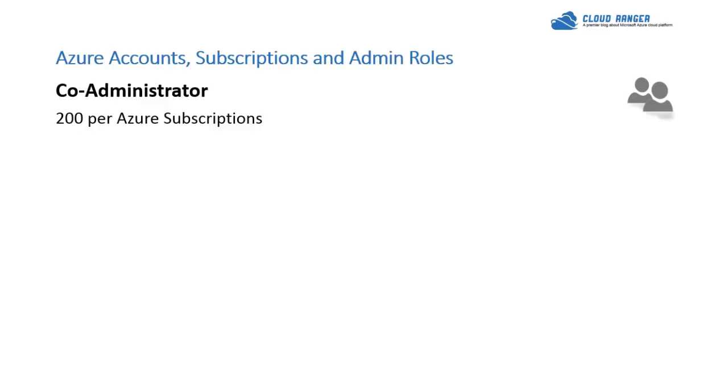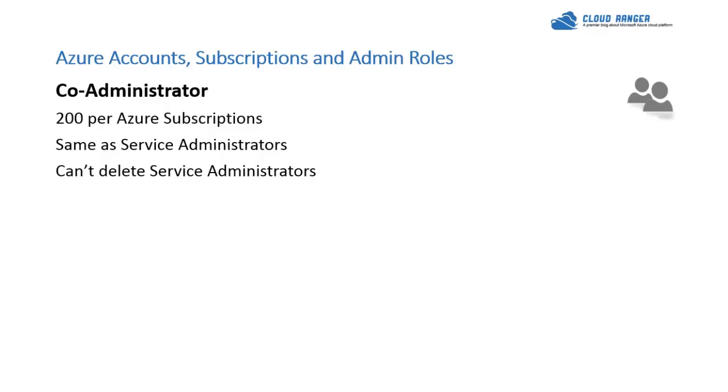So for our purposes here, a co-administrator is similar to a service administrator, except there are a few differences. The first thing is that they are like service administrators, so they can do a lot of things. But the next thing is they cannot delete service administrators, because if you recall, service administrators do a lot of things that account administrators cannot do. That's why service administrators are created.